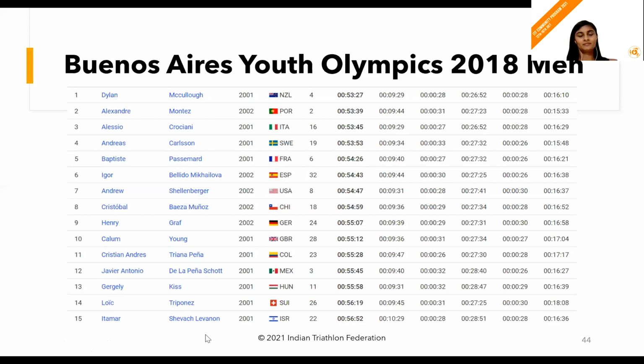So if you look at Alexandre and Andreas in number 4, they both had pretty strong runs, and they ran down the rest of them. So it's important to have a good swim as well. It's very important. A good swim can set you up for a good bike, especially if you want to be in the lead pack, and that will translate to a good run.